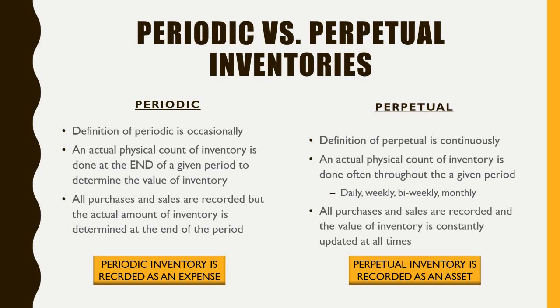That means every time we make a purchase of inventory, and this is also a characteristic of it, you don't technically have to have a physical count. You can make the predictions just by keeping track of your inventory.